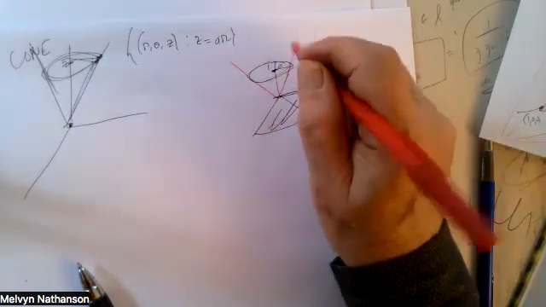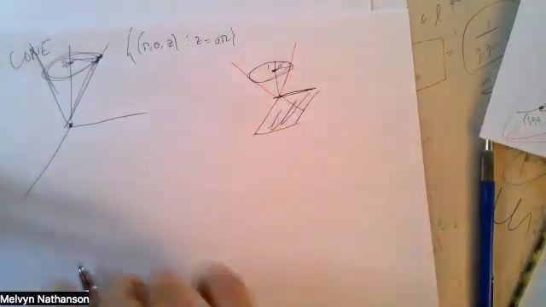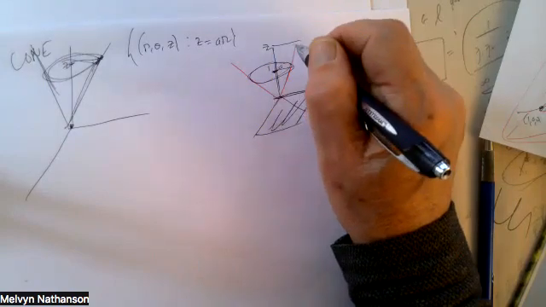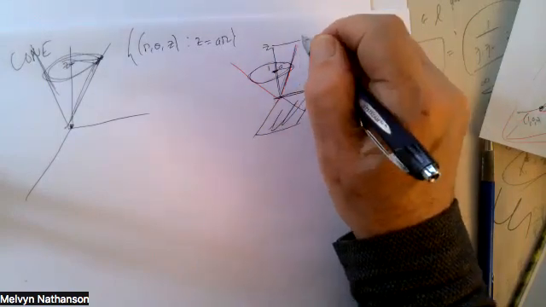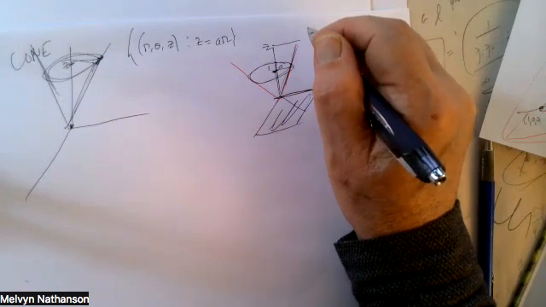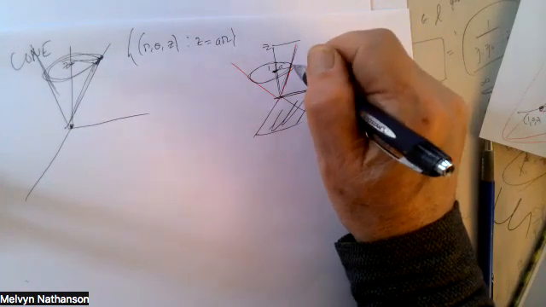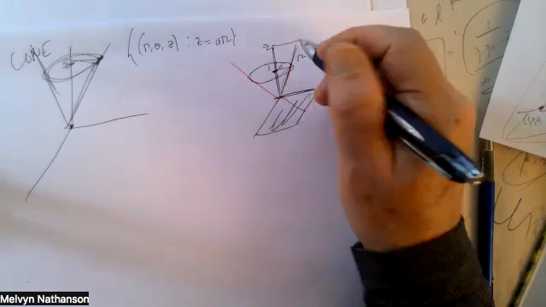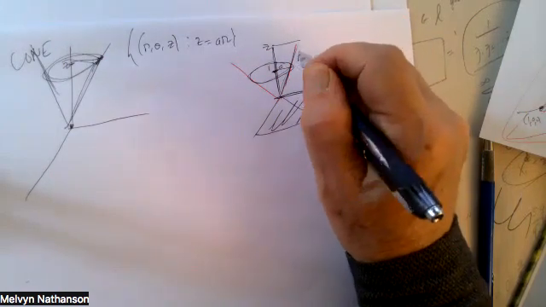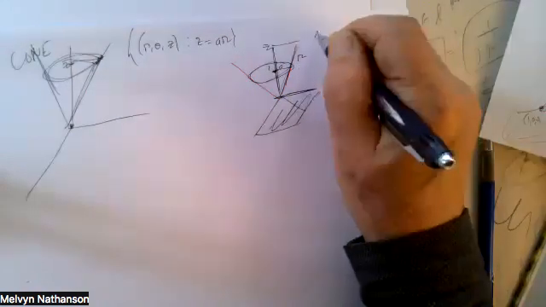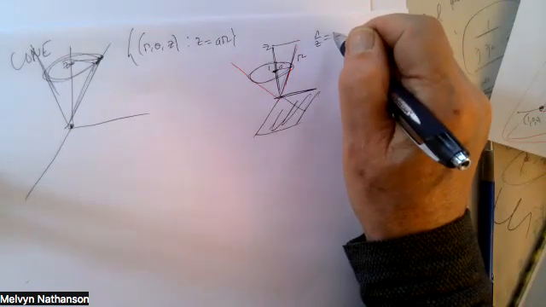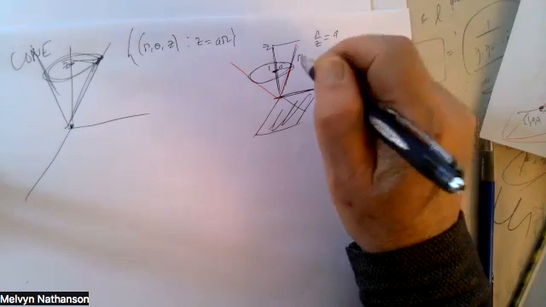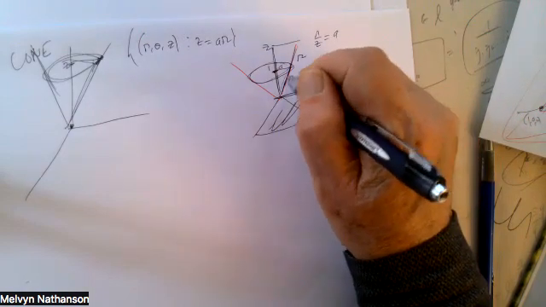That traces out a cone. And when you're at height z, if this is r and this is z, these are similar triangles. So the ratio of r to z, the slope, is equal to a.